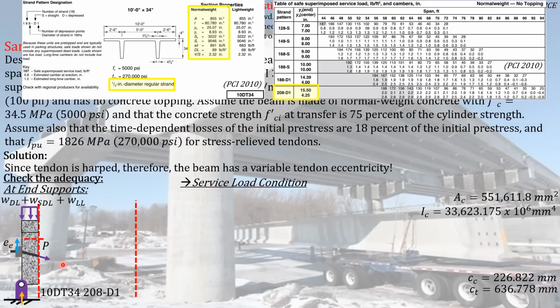So with that, the resulting stress diagram at the end supports will look something like this, with a magnitude of the stress acting on the extreme pre-compressed fiber equal to this, and for the extreme pre-tension fiber equal to this. Again, at this service load condition, the pre-stressing force acting at the pre-stressing reinforcement is already the effective pre-stressing force.